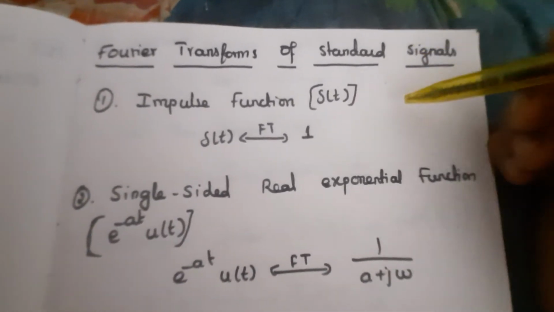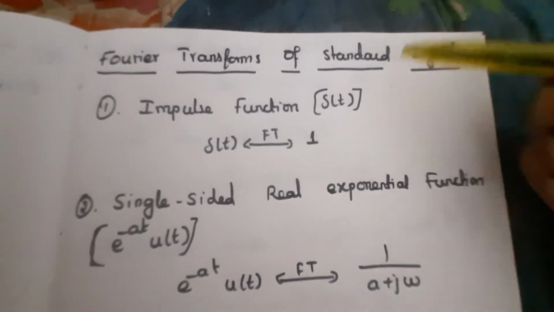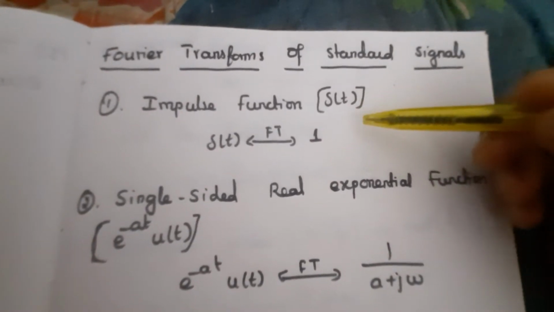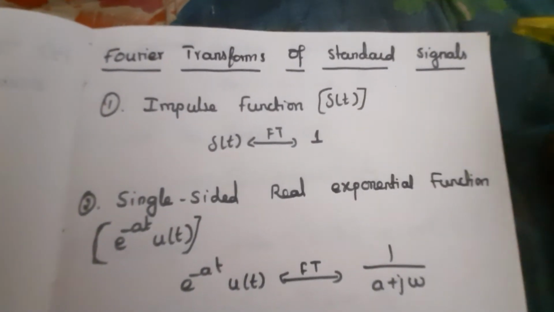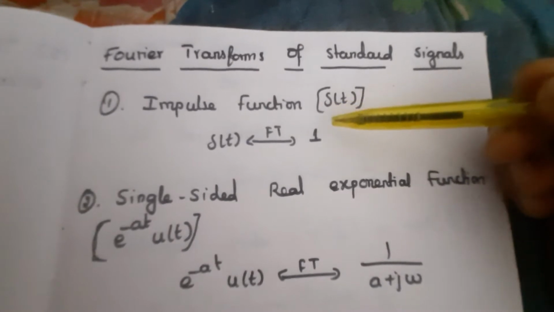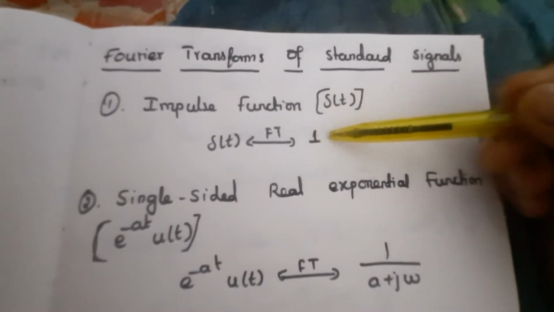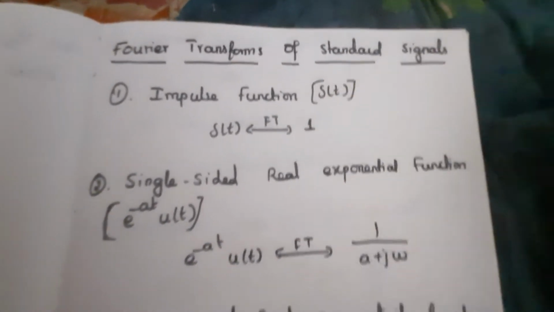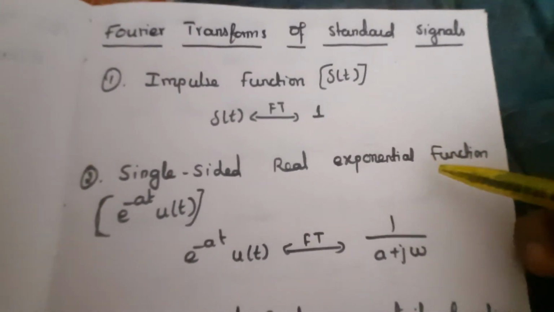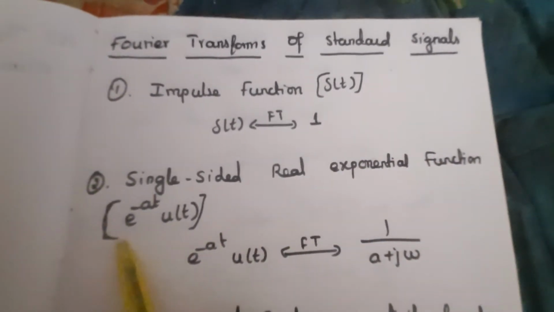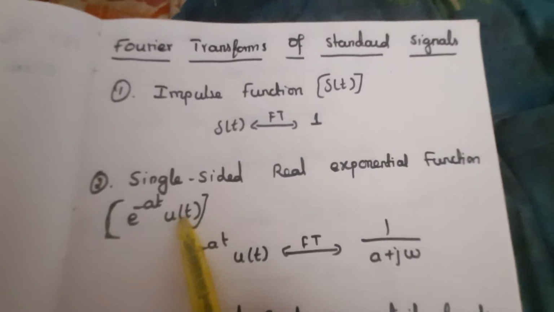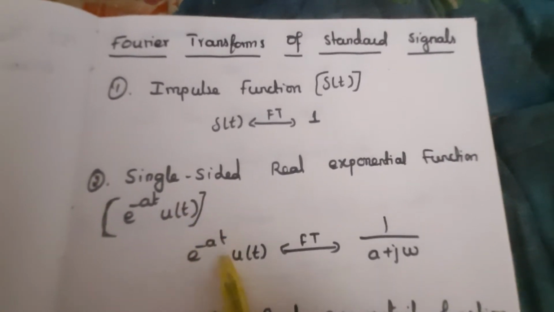So first one is the impulse function, that is del of t. The Fourier transform of del of t is equal to 1. Similarly, the single-sided real exponential function, that is e to the power minus at into u of t.